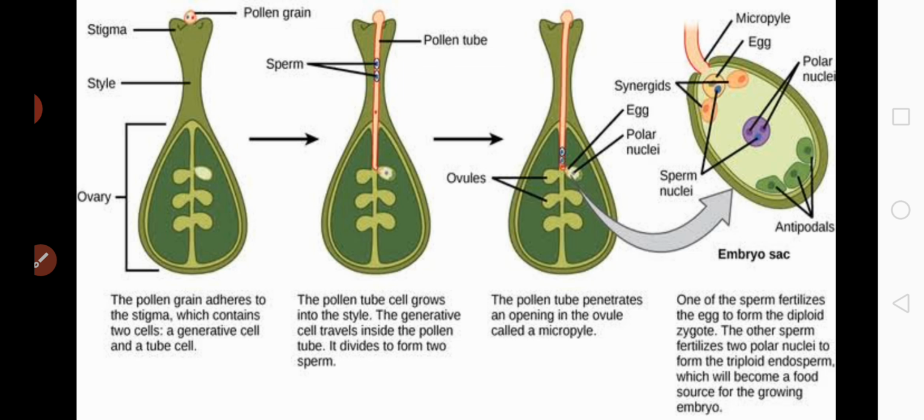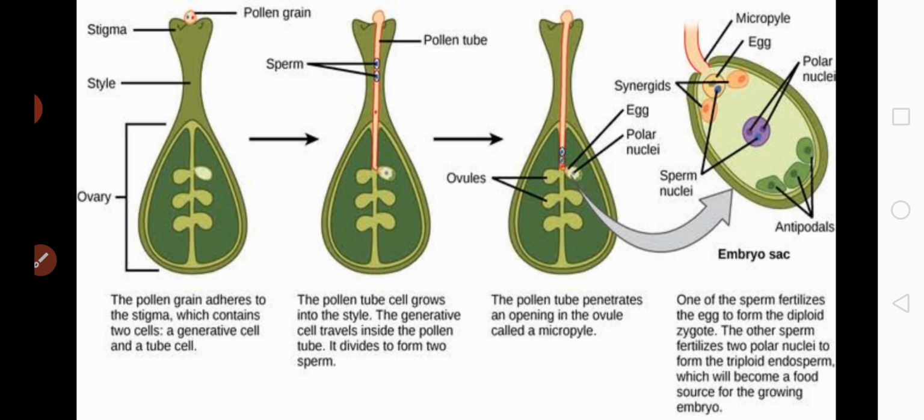Now this pollen tube reaches the ovary and then into the ovule, and finally it discharges its two male gametes into the embryo sac.